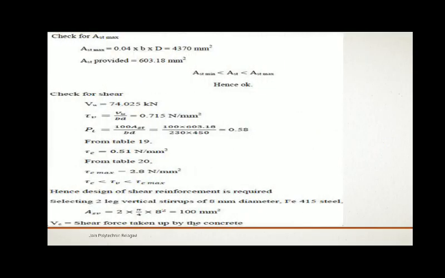Now we are checking Ast max, which is equal to 0.04 b D. B we know and D also we know. Substituting the values we get 4370 mm². So Ast provided is 603. Going to the previous slide.